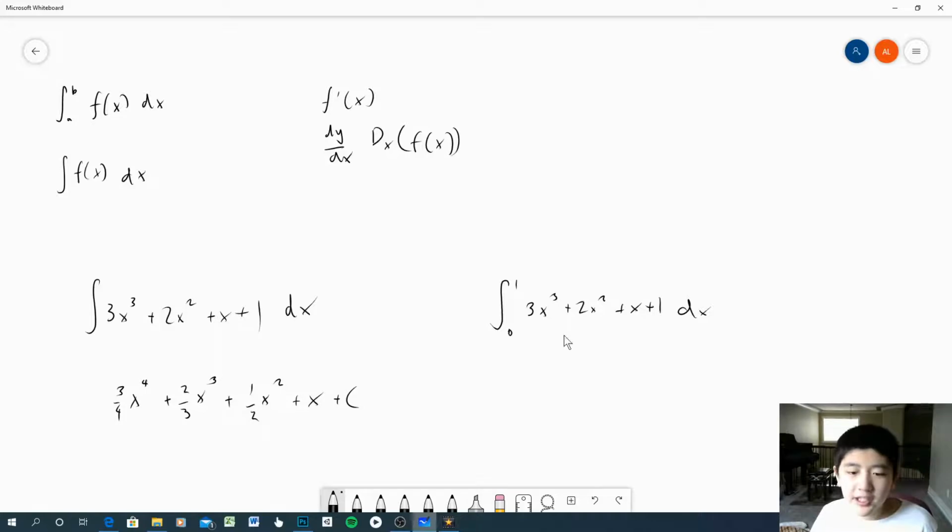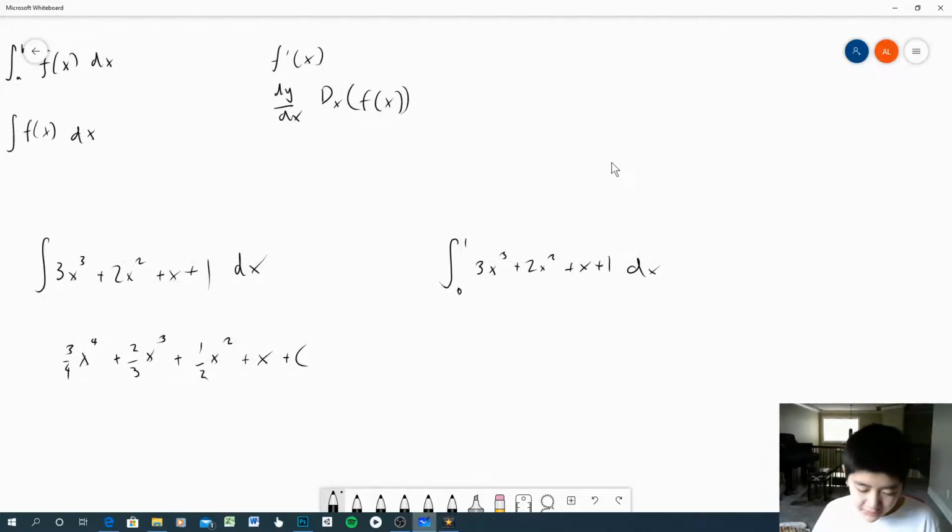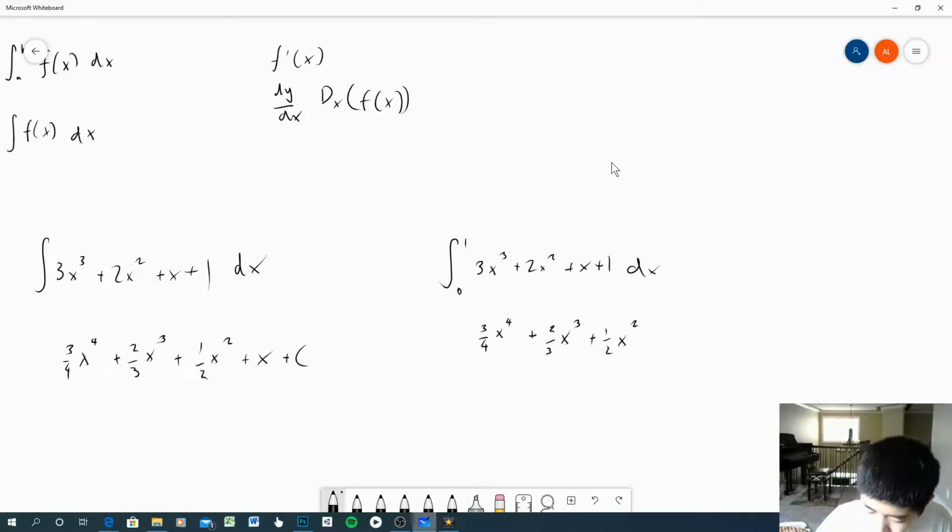Alright, let's refresh. So we first take the antiderivative, which I'm going to do right now. x cubed plus 1 is 4, so 3 over 4 x to the power of 4, plus 2 over 3 x to the power of 3, plus 1 over 2 x squared, plus x. But since it's a definite integral, we don't have to put a c. But just in this case, I am going to put a c.